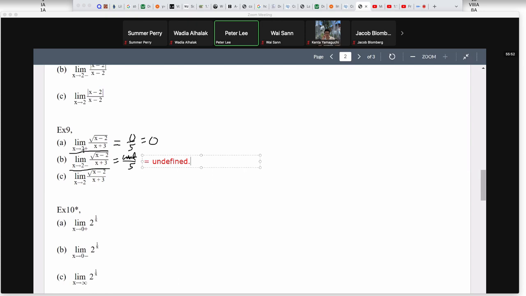Do you see the difference between 2 plus and 2 minus here? In 2 plus, the values are actually approaching 0. But for the left limit, we don't have any values here, and note that's actually complex numbers.